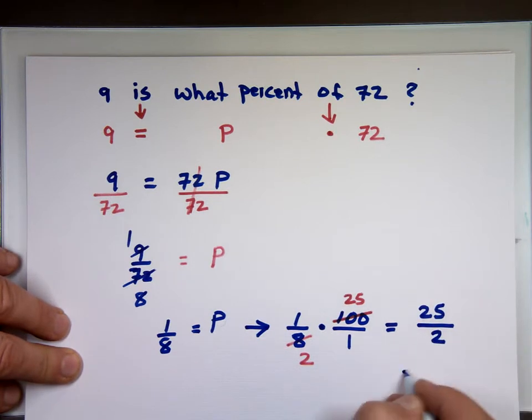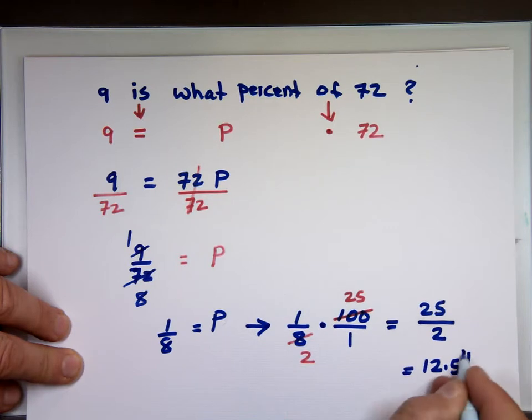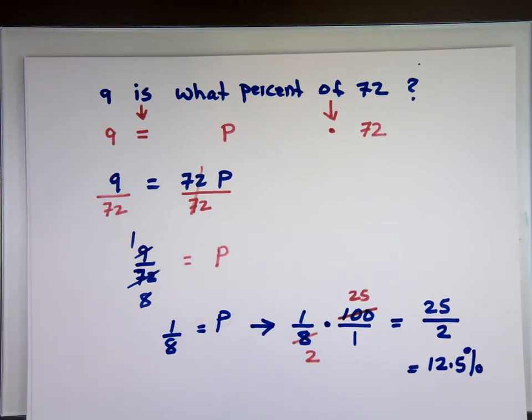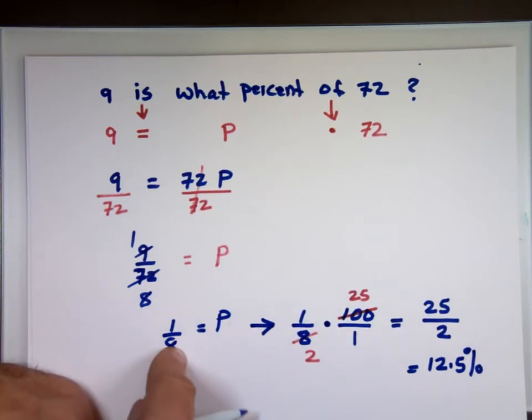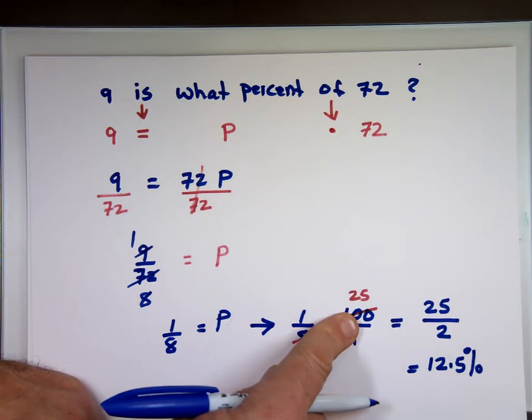What's 25 divided by 2? Is that 12.5%? So the 9 is 12.5% of 72. Because of this conversion back and forth, oh, this is a fraction, I don't want a fraction, multiply it by 100 to change it.